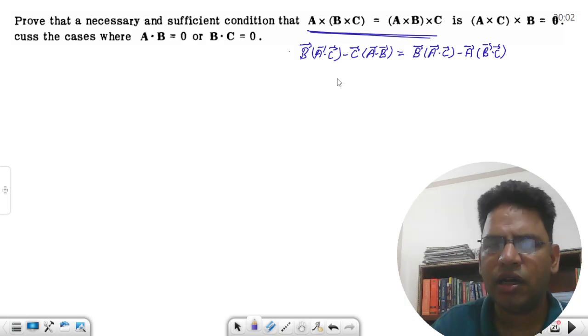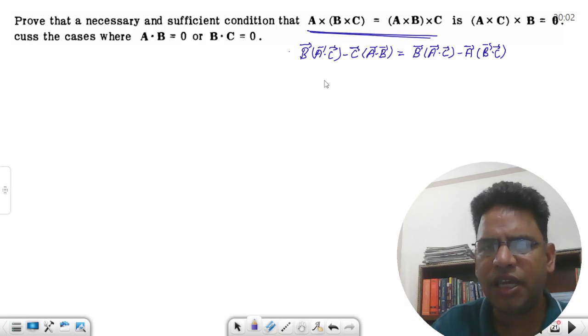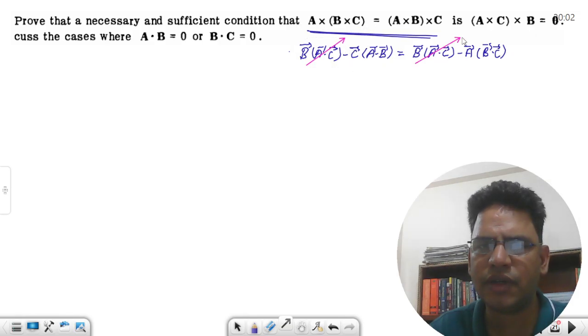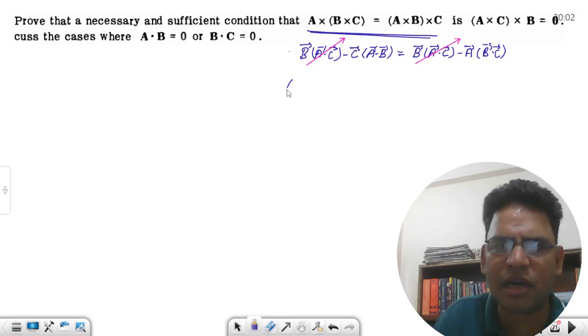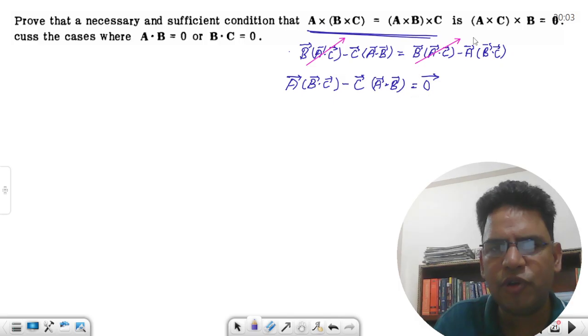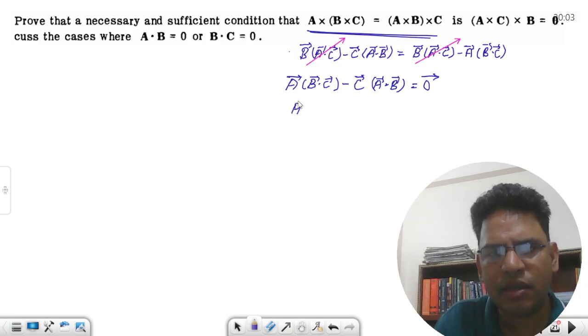Now what I am going to do, B (A dot C) cancels out. This goes away. This is the same term. This term comes here. It is A (B dot C) minus C (A dot B) equal to 0 vector. But if you apply the second law, you are going to get this is the same as A cross C vector into this B vector equal to 0 vector.